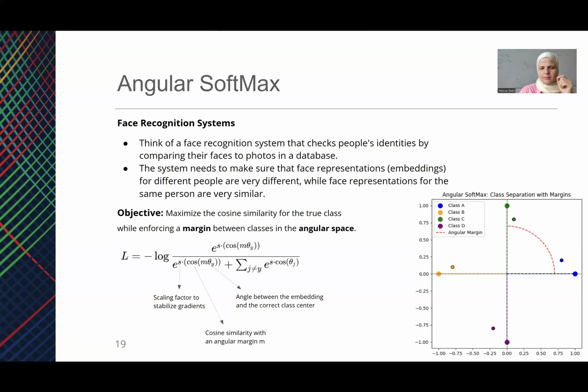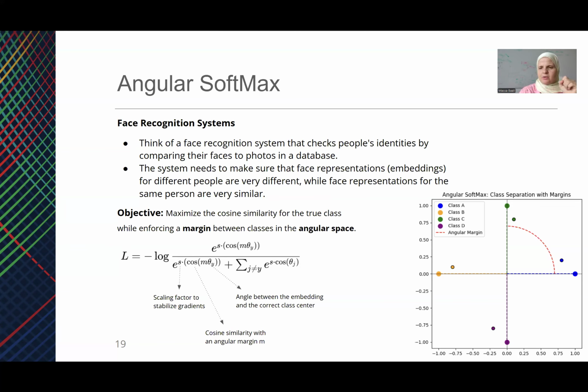Let's say you have a face recognition system that checks people's identities by comparing their faces to photos in the database. The system needs to make sure that face representations, which are the embeddings, for different people are very different, while face representations for the same person are very similar.